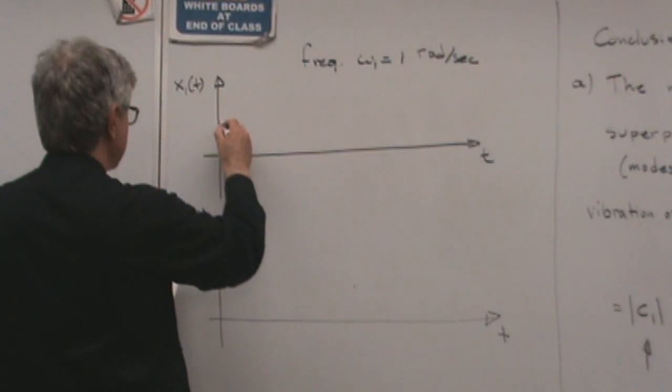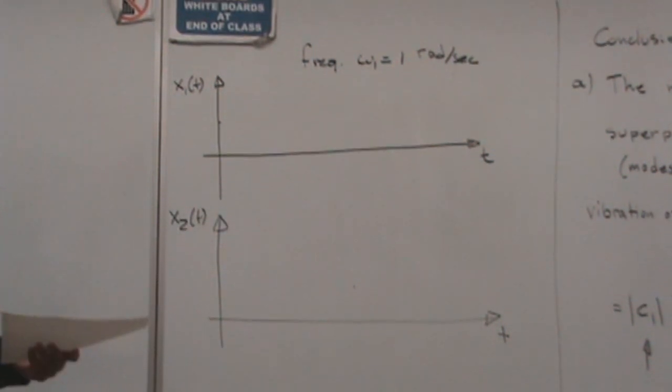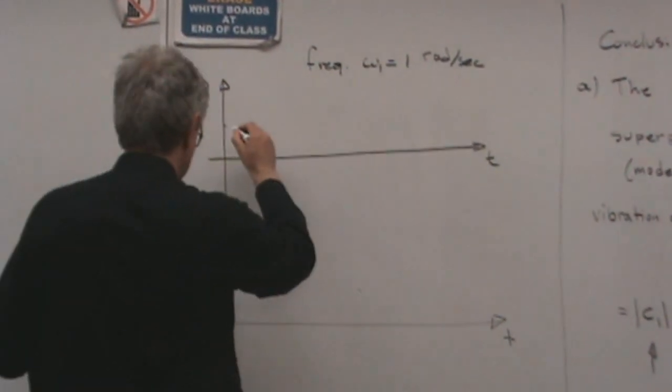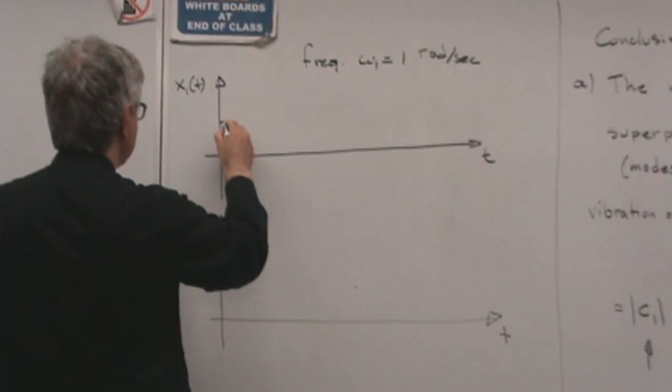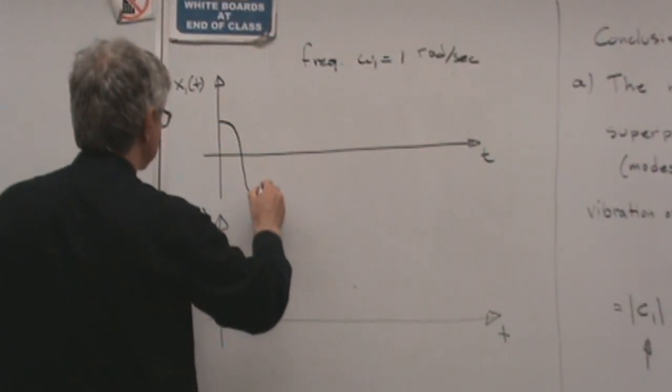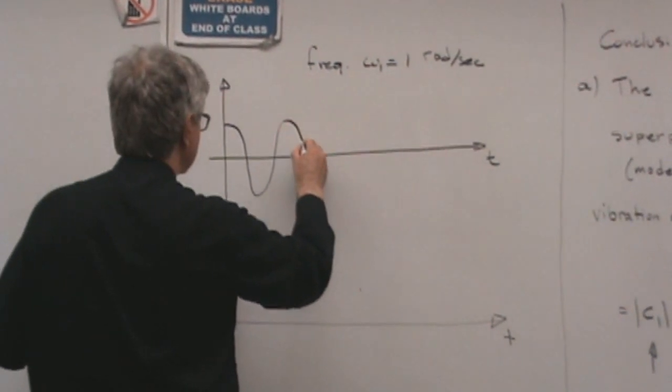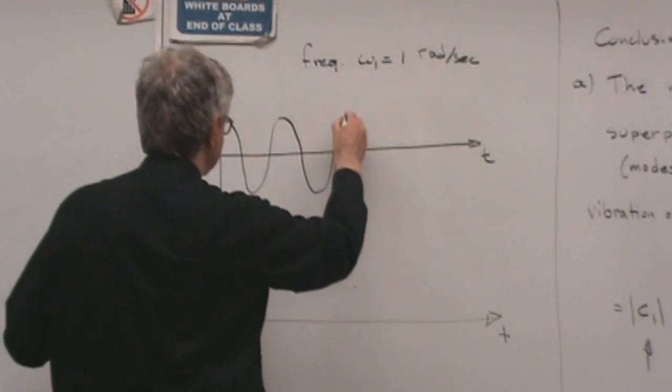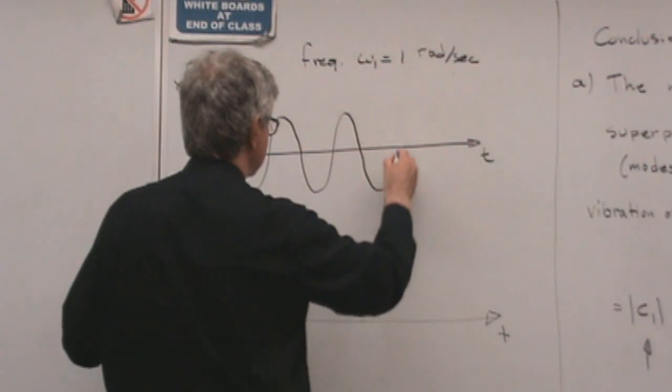Since we have a cosine, we have this type of motion. The cosine starts from 1 at time equal to 0.